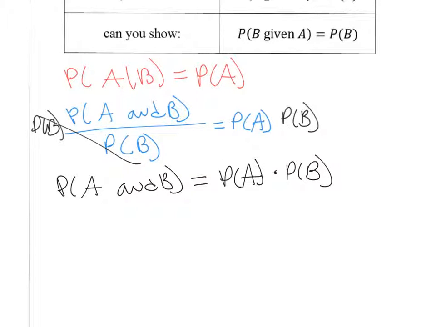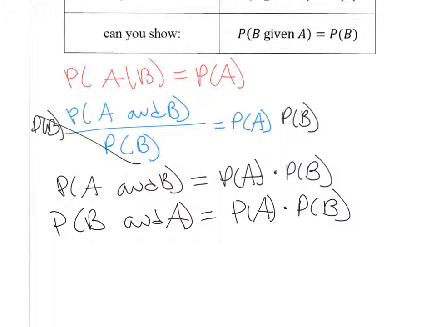Now, if you think about an intersection for the and, is the probability of A and B the same thing as the probability of B and A? Okay, I hope you thought to yourself that yes, we can say that order doesn't matter. So now we've got the probability of B and A is equal to the probability of A times the probability of B. Looking at where we want to go, I want probability of B by itself.